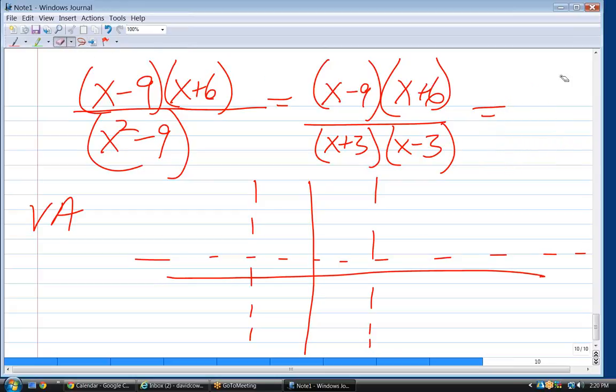Now notice these asymptotes are equations of lines. So it's not correct to say there's a vertical asymptote at 3. There's a vertical asymptote at x equals -3 or x equals 3. There's a horizontal asymptote at y equals 1.